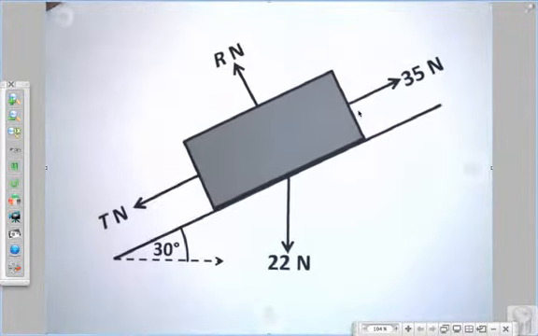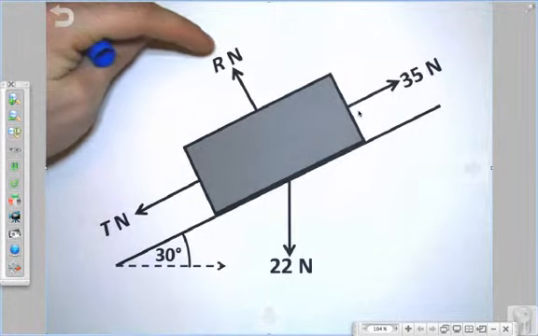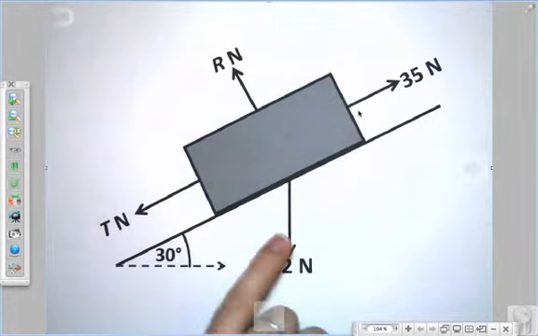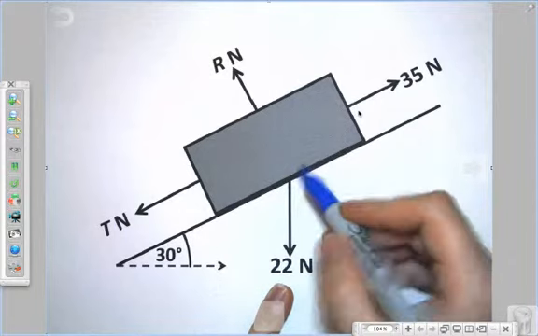So, a slightly harder example is this one. Now, we've got our angle 30 again. We've still got two unknown forces, R and T. The difference this time is this force here is acting vertically. So the first thing we need to do is work out what the angle goes with that.